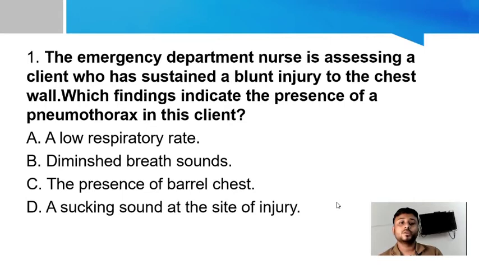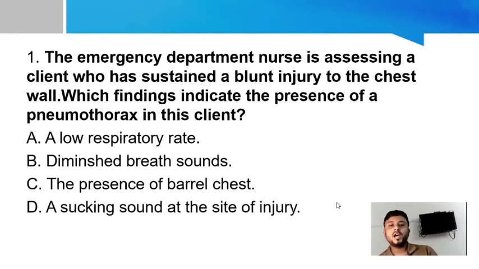So the question is, which findings indicate the presence of pneumothorax in this client? 4 options are there. First is a low respiratory rate. In case of a blunt injury, if our chest wall is hampered, we may have breathing difficulty.